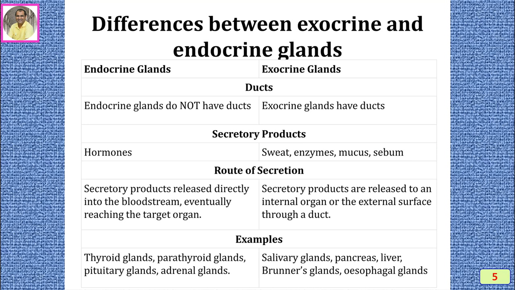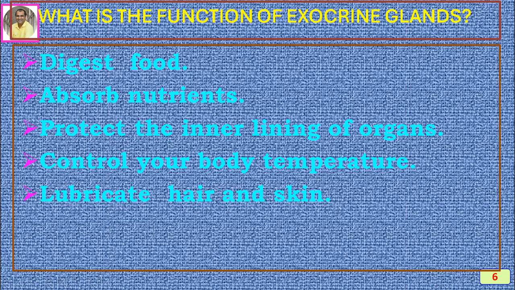Examples of exocrine glands are the salivary glands, pancreas, liver, Brunner's glands, esophageal glands, and almost all the secretory glands of the intestine, and many more. So, what is the function of the exocrine glands?